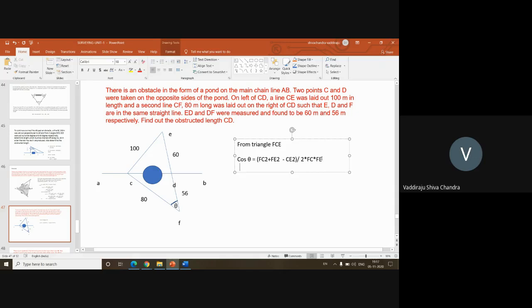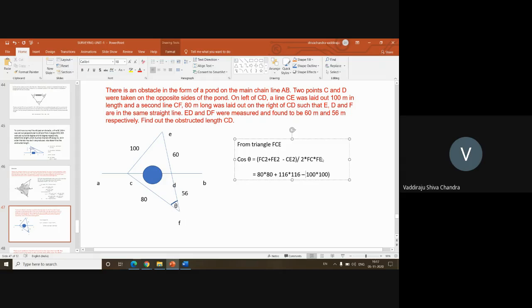So substitute in this equation now. What is the FC value? 80 square, so I'll write it as 80 by 80. 80 multiplied by 80 plus FE, which is 60 plus 56. How much? 116. 116 multiplied by 116 minus CE, which is 100 by 100.